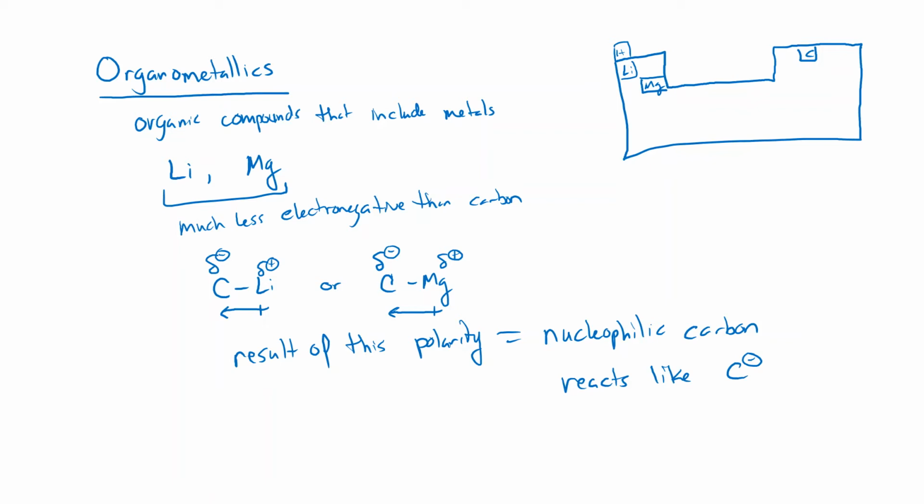And so if we can make these carbon-lithium bonds or carbon-magnesium bonds, you can imagine what's going to happen when we react these organometallic compounds with whatever carbonyl we have, so aldehydes or ketones. So let's take 1-bromobutane.